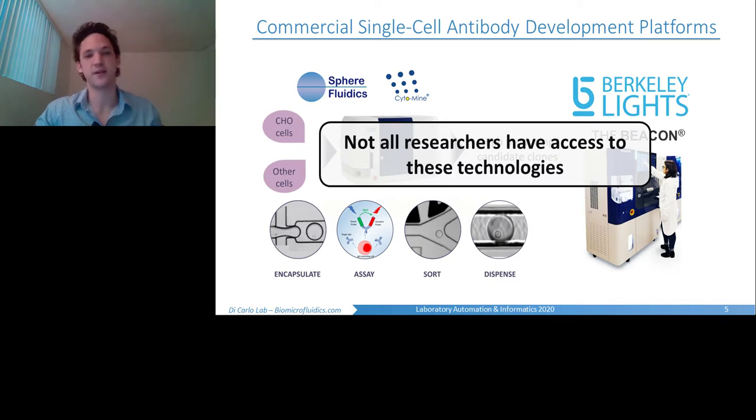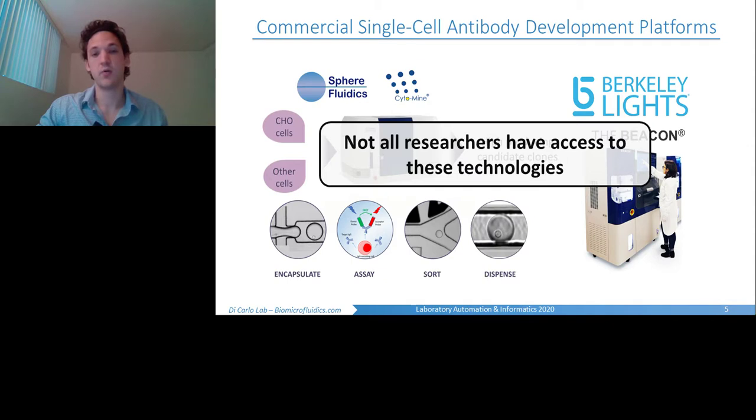To put that in perspective, I am currently at UCLA, which is one of the largest public institutes in the world, and we do not have access to either of these technologies, which to me means that a lot of people do not have access to them, and that there is definitely a barrier to entry for researchers to actually use technologies such as this. So although these are very capable platforms, I would like to argue that they are not yet ubiquitous, and not all researchers have access to these technologies.